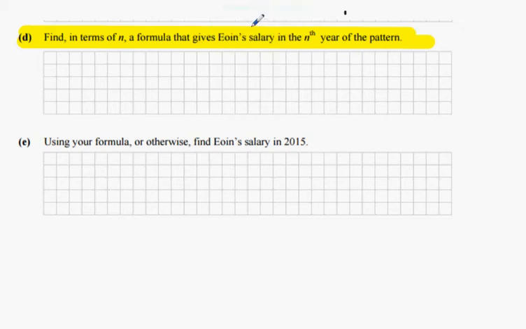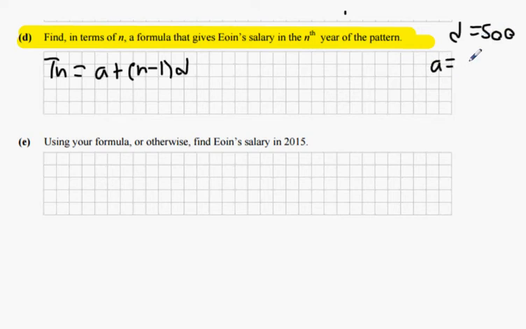One specific year implies it's the Tn formula: a plus n minus 1 times d. And we're finding Owen's salary, aren't we? So Owen's salary has a d of 500 because it goes up 500 every year. And what's the a value? The a value is 20,000. Everybody alright with that? Okay.